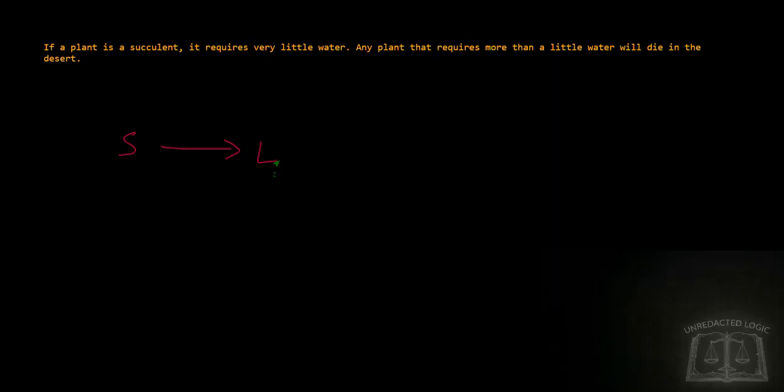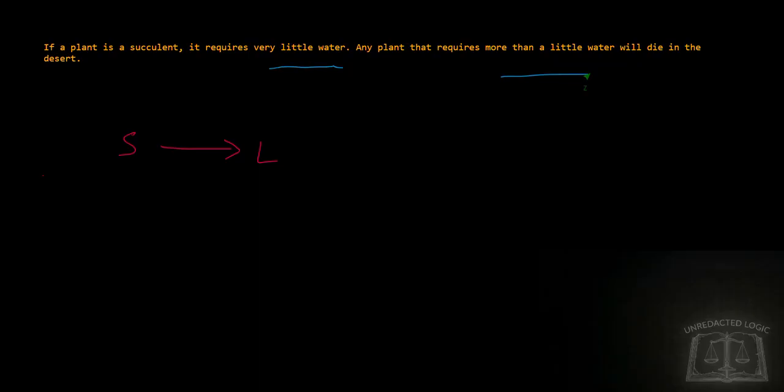Any plant that requires more than a little water will die in the desert. So requiring more than a little water, that's the logical opposite of requiring a little water. Let me underline this. So little water and more than a little water, those are logical opposites.